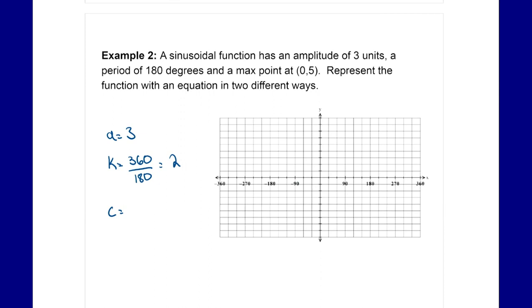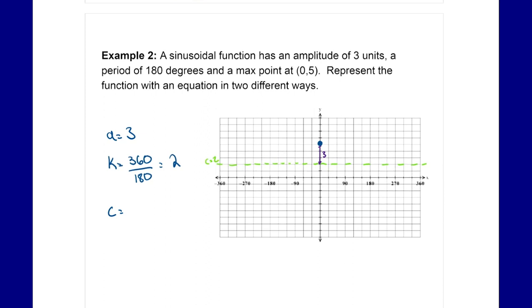C is going to be the easiest one to find because if I use this max point of 0.5, so we got 0, 1, 2, 3, 4, 5, and the amplitude is 3, then if I go down a distance of 3, that is going to bring me to my midline, which would be my c value, or 2.